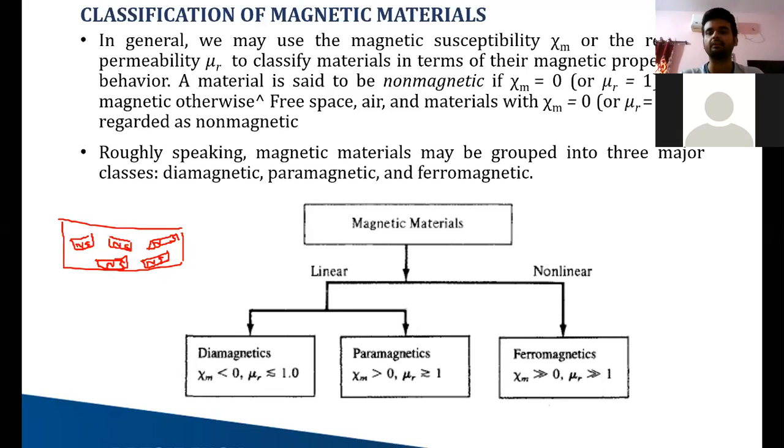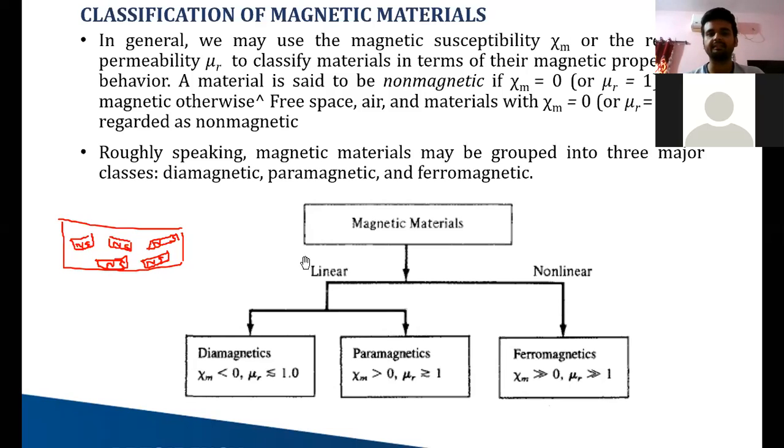Magnetic dipoles cancel out each other. Superconductors at absolute zero temperature come under this category because they do not have any magnetic field. Magnetic field is zero. Paramagnetic material is in a slightly better condition. There will be some magnetic moment, some magnetic field will be there.